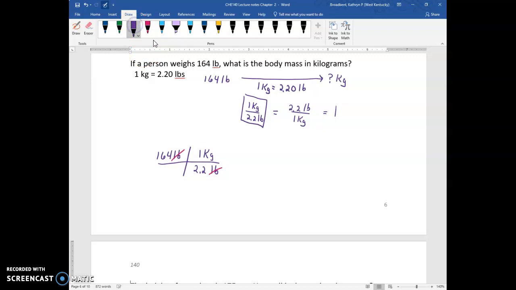And then we'll get 164 times 1 divided by 2.2 to give us our answer of 74.5. And our only units left are kilograms. And that's our answer. Let's do another one.